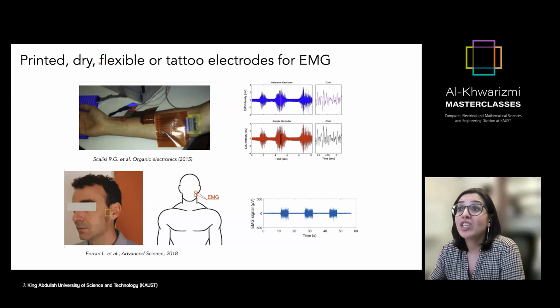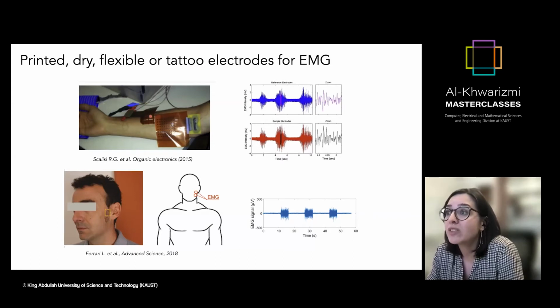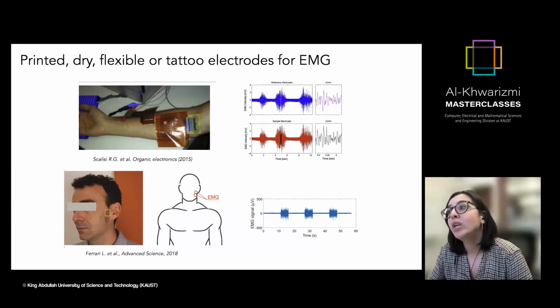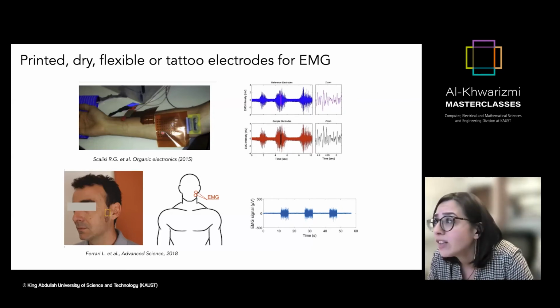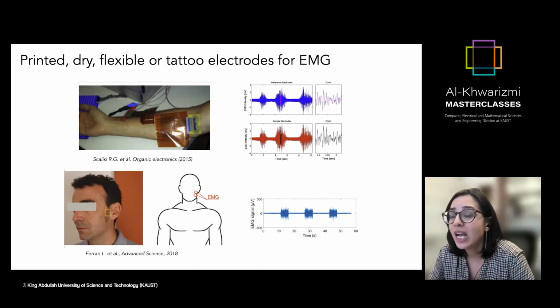And people have actually made certain printed, dry, and flexible electrodes for EMG. Here you see one example, for instance, electrodes fabricated on flexible polyimide substrates that are connected with these long wires. These sample electrodes do quite nice recordings compared to the reference AgAgCl.